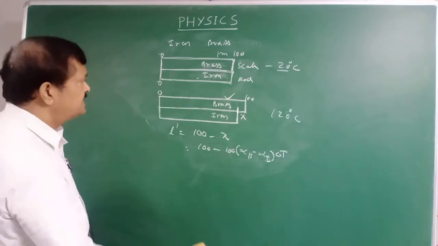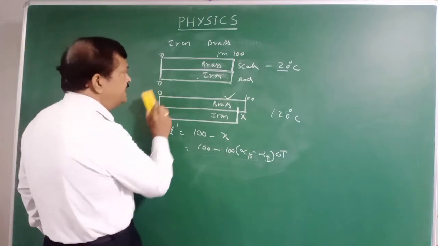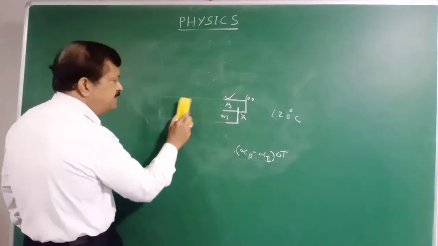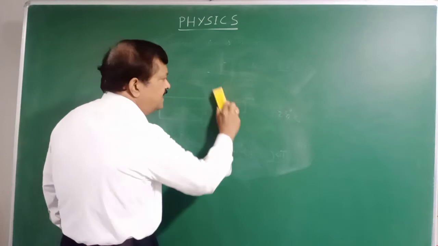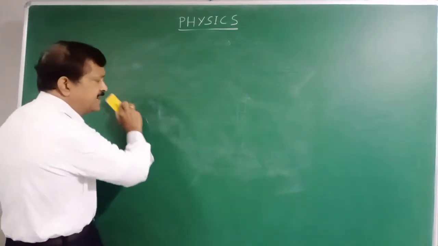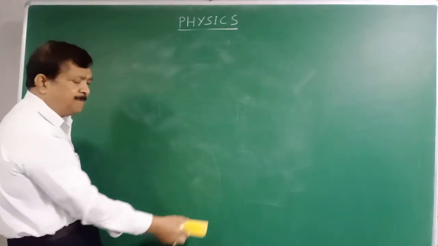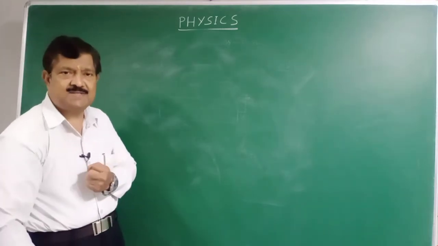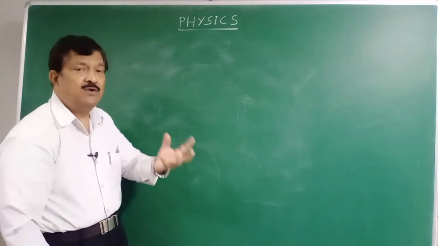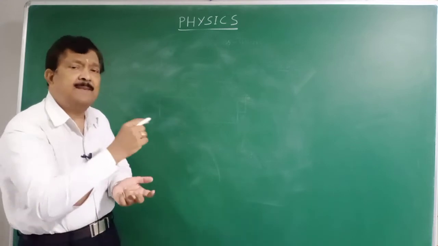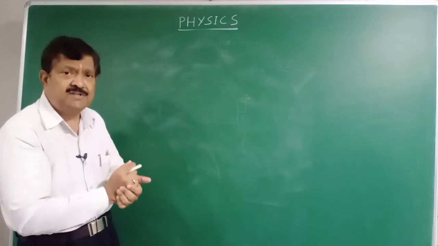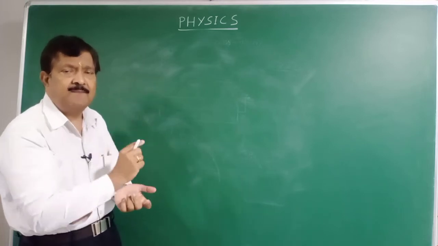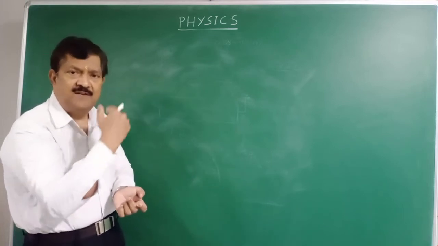Now after this let us move on to another important application related to differential expansion that has a practical application in the day-to-day appliances that we are using. In all refrigerators or electric irons, after the required temperature is reached, the circuit is automatically switched off. You need not switch on and switch off every time.